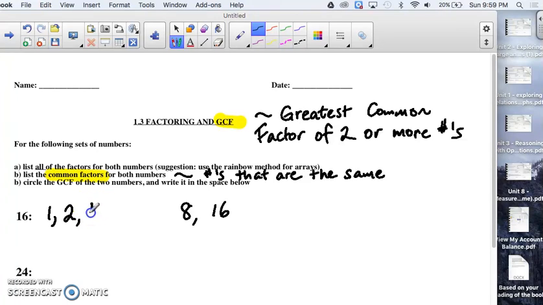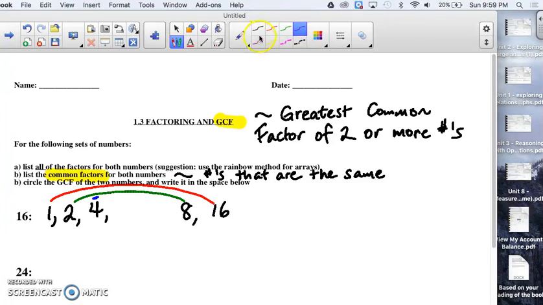I know that 4 is a factor of 16. It's actually 4 times 4. Now, I'm just going to list 4 once because I know I've hit the middle when there's no more whole number factors on the other side of 4. So I'm going to take my different colored pens, and again, you can do this optionally. You don't have to, but this is what I'm doing. 1 and 16 is one array, 2 and 8, and then you're left with 4 by itself, right?